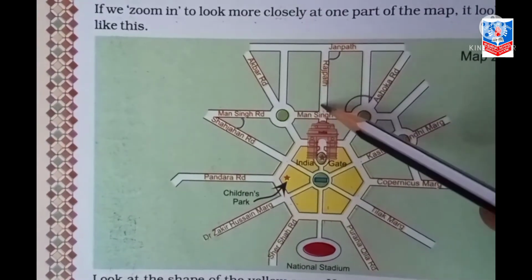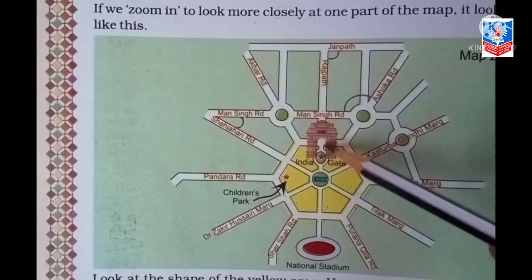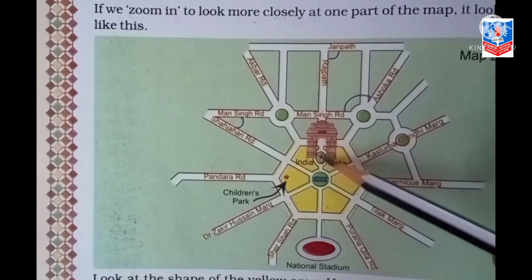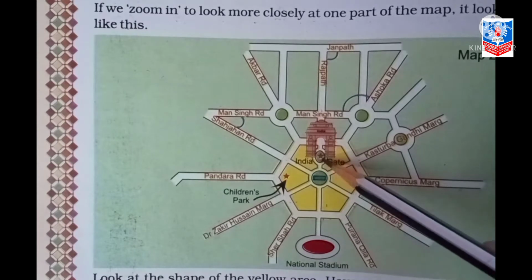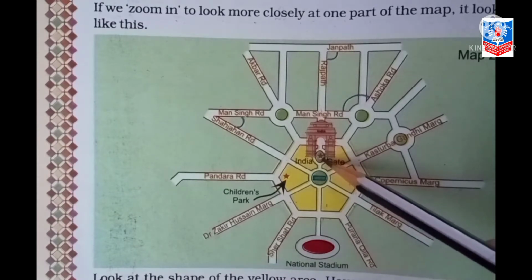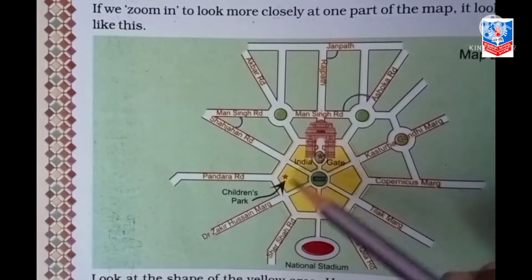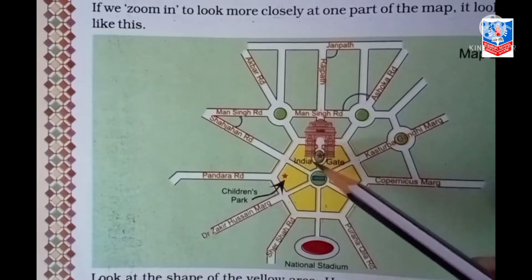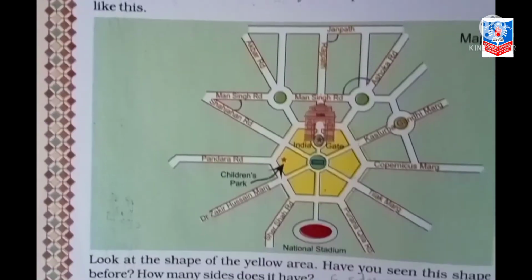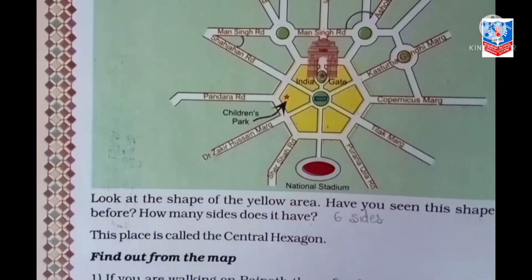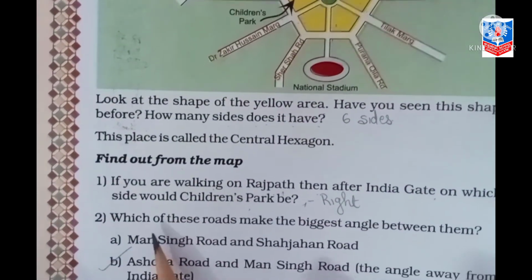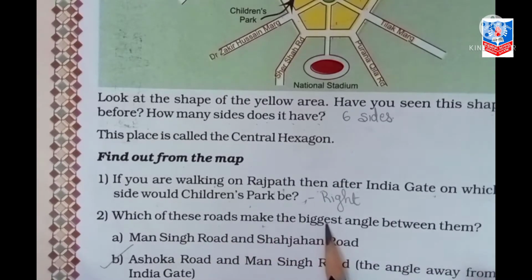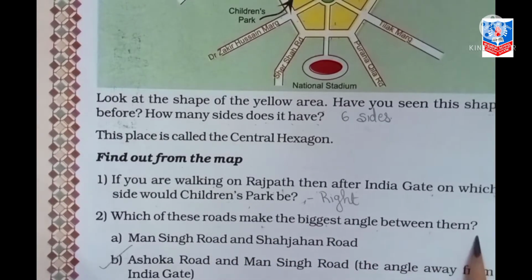And if you are walking on this road and after India Gate, suppose you are standing here, then you have to answer on which side would be Children's Park. Now see, where is Children's Park? Here. That means on the right side of India Gate is Children's Park. Understood?